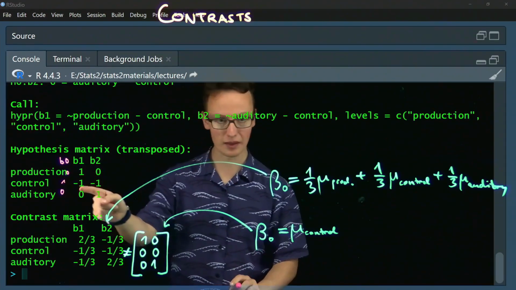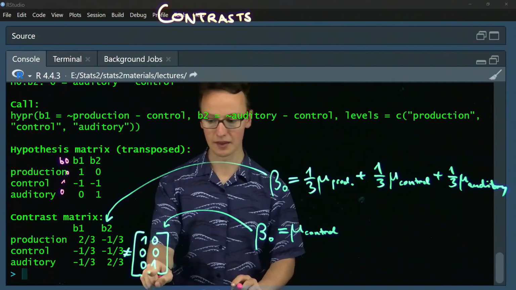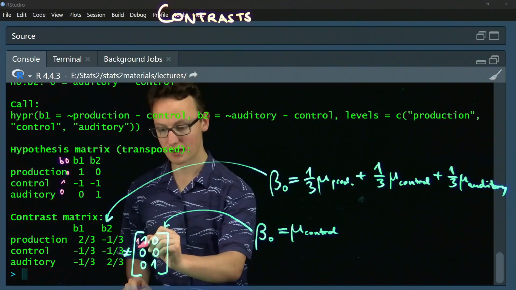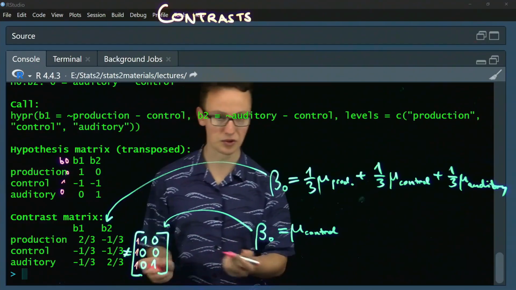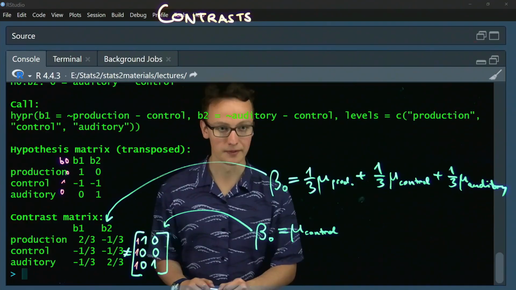In that case, if we take the inverse of this matrix, we will end up with something like this, with an additional column of 1s to the left. Okay, so that's something you could try as an exercise to confirm how this differs.